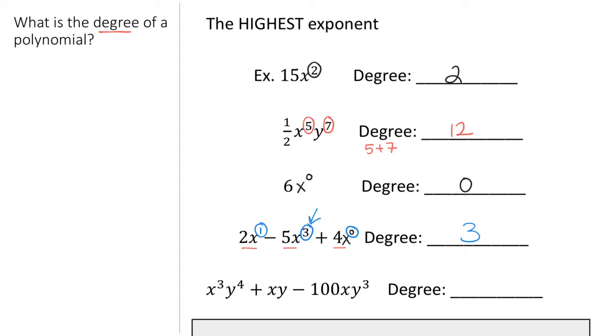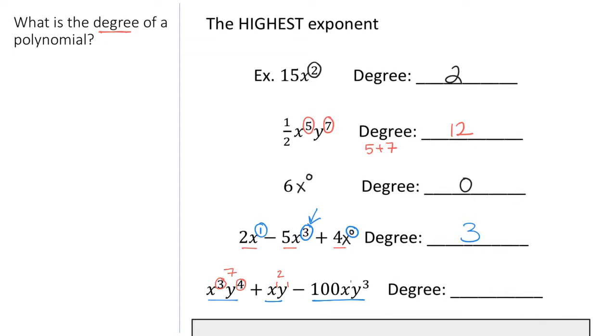Here's our last one. This is a 1, 2, 3, so this is a trinomial again. We're going to look at the degrees in each term, or exponents in each term. So this first term has a 3 and a 4, so when we add those together we get 7. The second one has a degree 1 and 1, so we add those together and we get 2.